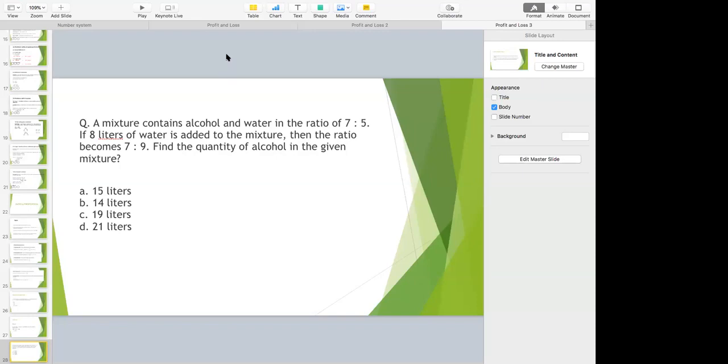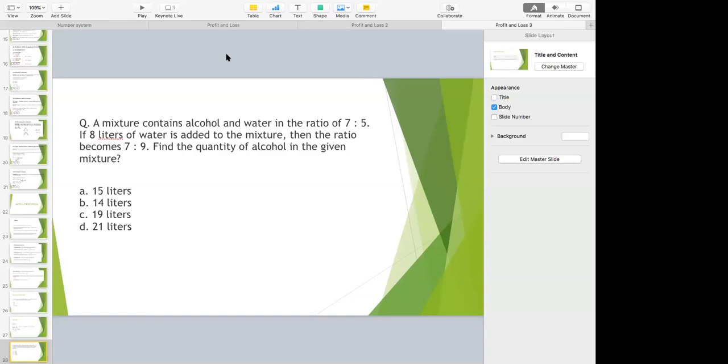Now, initially the mixture contained alcohol and water in some ratio. Okay, the ratio is not that important for now. And then what happened? Then 8 liters of water was added. So initially the mixture was containing alcohol and water, and now they have added water to it.